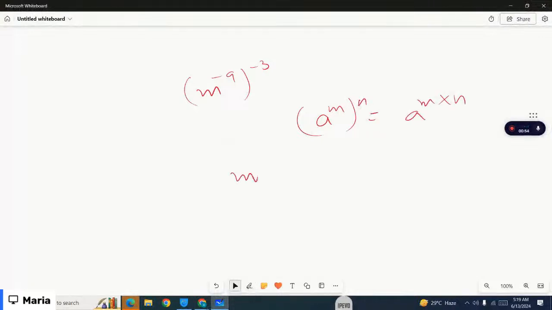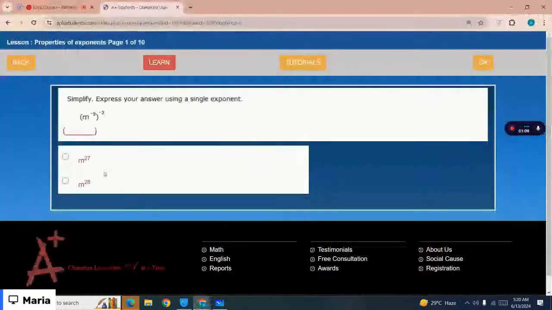So that would be m exponent negative 9 times negative 3. 9 times 3 is 27, so that's m exponent 27. Got it? The correct option is m exponent 27. Option number 1 is the correct option.